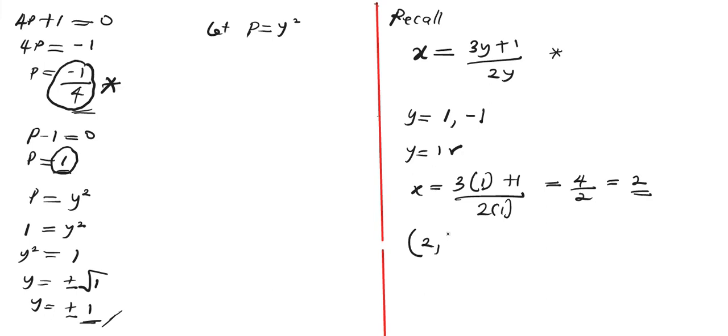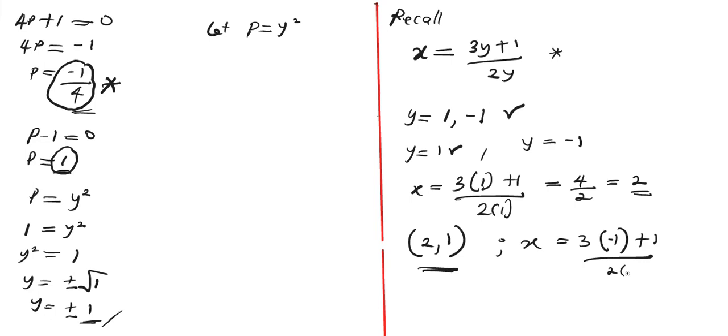Now let's consider when y is equals to negative 1. So we are going to have x equals to 3 into negative 1 plus 1 divided by 2 into negative 1. This will give us 3 times negative 1 is negative 3 plus 1 divided by negative 2.